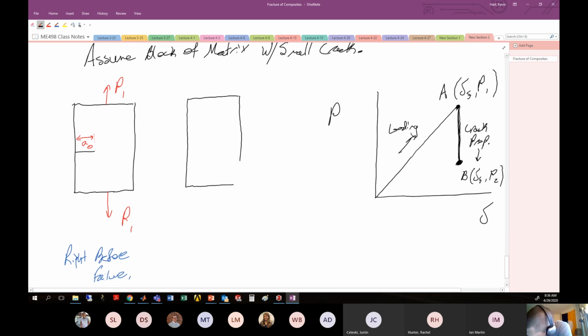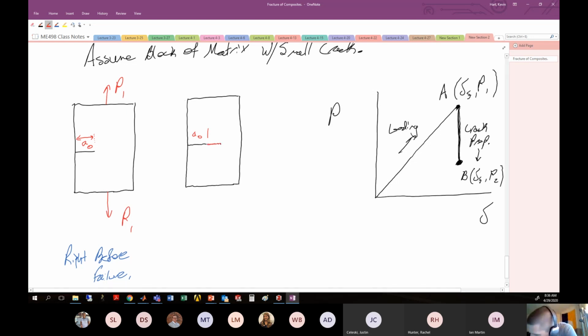So it'll look pretty much exactly the same, except here we'll have an additional amount of crack that has grown. So if this was our original crack length, here's A0.